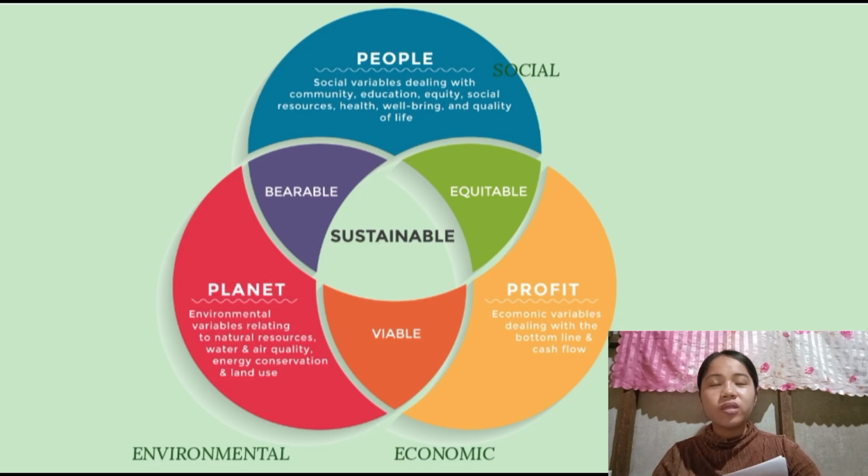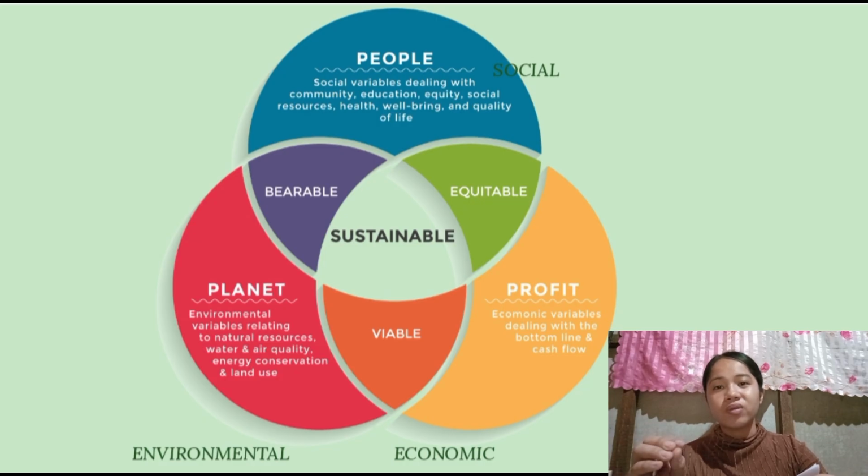As for people, the social variables deal with community in the aspect also of education, equity, social resources, health, well-being, and quality of life. Under the planet, the environmental variables relate to natural resources, water, and air quality.